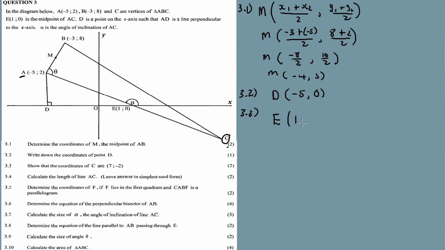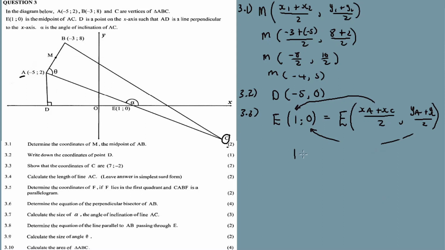E is (1; 0), which is the midpoint between A and C. The x coordinate is XA plus XC over 2, and it must give us 1. Then the y we find by YA plus YC over 2, and this YA plus YC gives us 0. So 1 is equal to XA, which is negative 5, substituted here, plus XC, which I don't have, divided by 2.